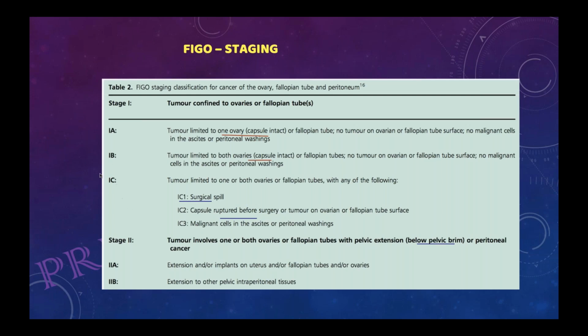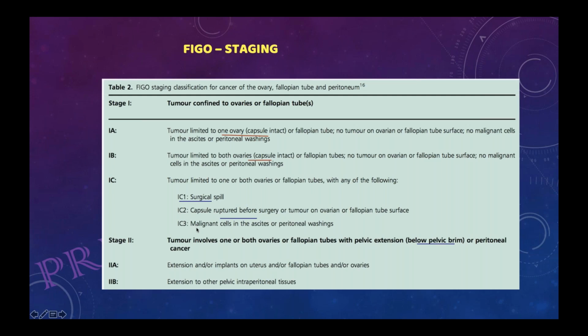Now very important to remember 1C, divided into 3. 1C1: I was doing surgery, I ruptured the capsule, there is a spill. It's my fault, surgical spill. So surgical spill is 1C1. You will get many questions from this. The moment you see surgical spill, just put 1C1. Now, I am not at fault, it was ruptured before, so it is 1C2.